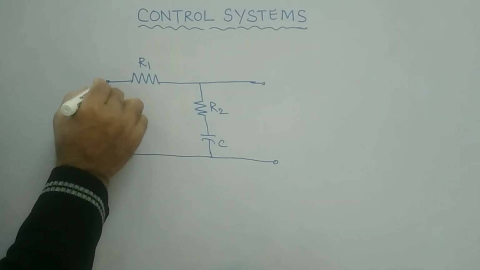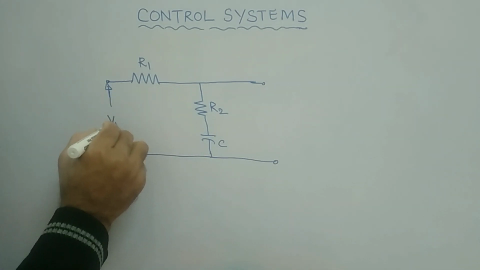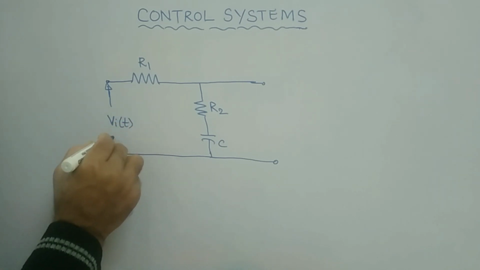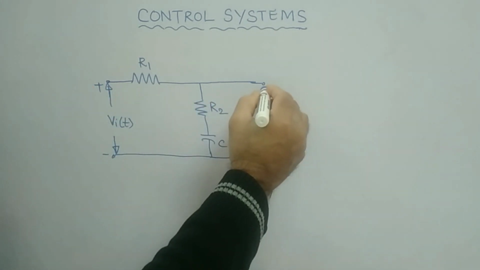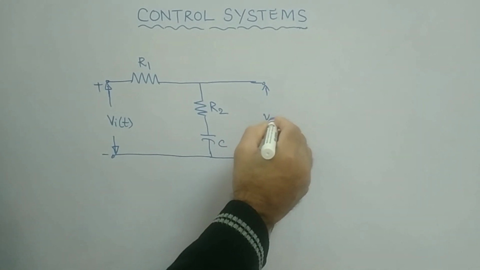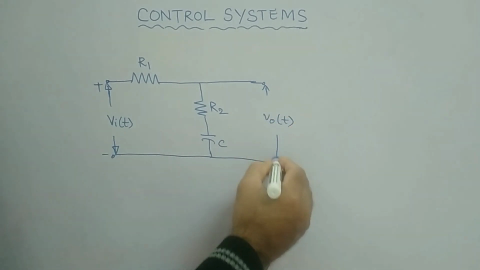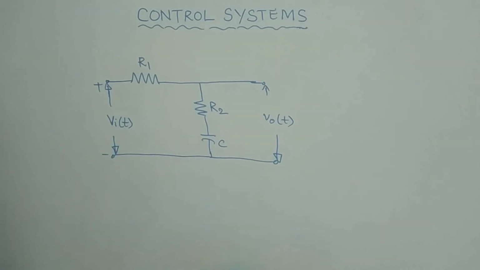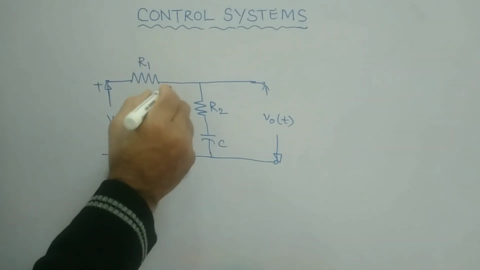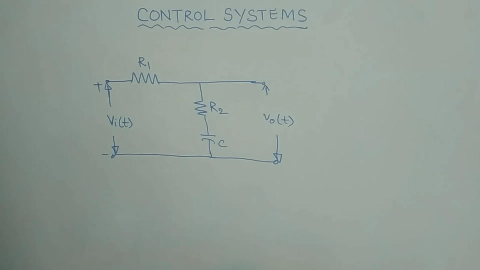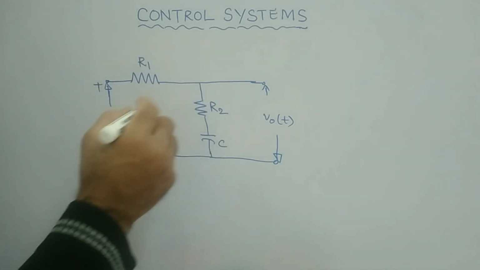So this is your input Vi of t. Normally you can mark it plus and minus, and this is your output, V naught of t. Let us consider this simple RC circuit as a lag compensator circuit, or simply a lag circuit.